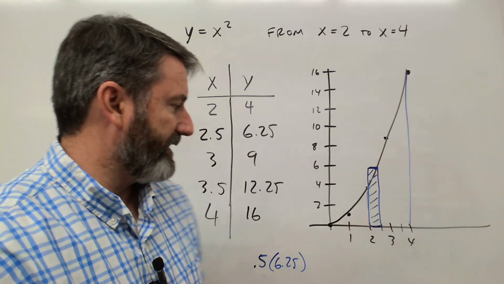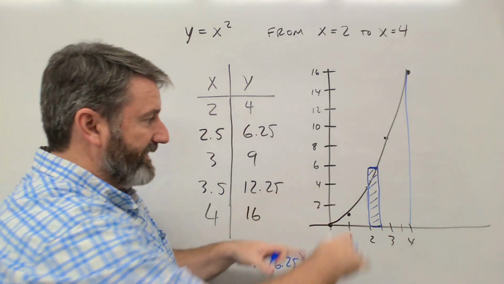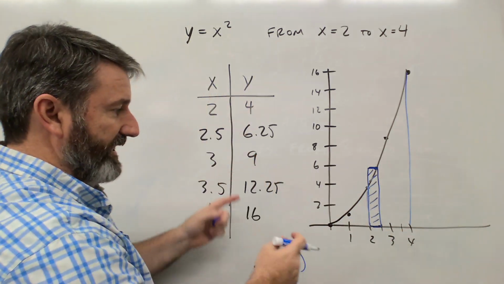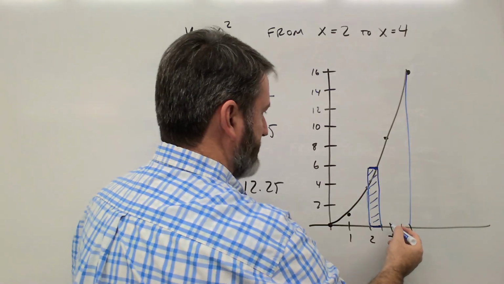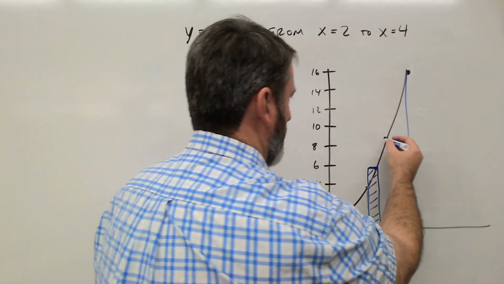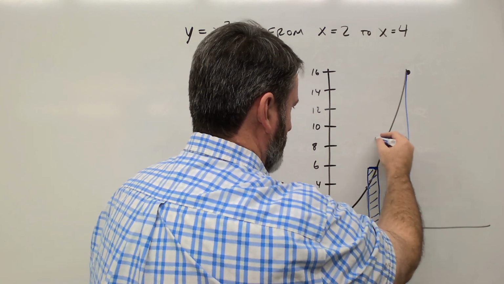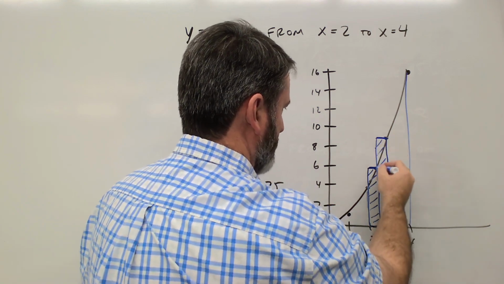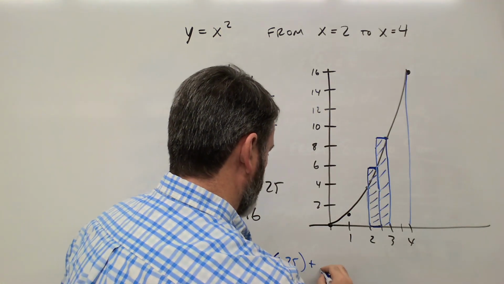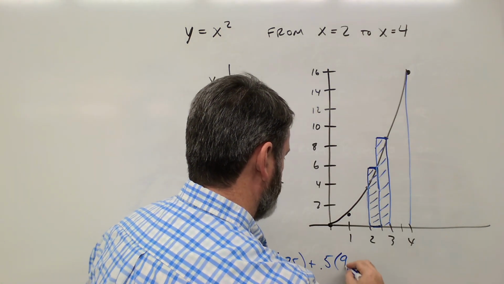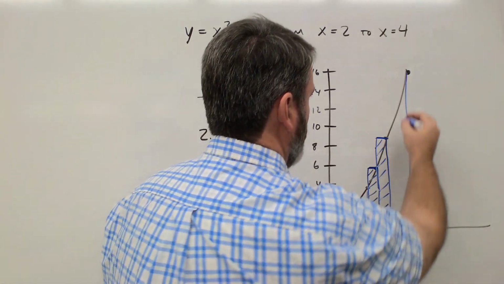And then the next rectangle is going to, again, be 1/2 a unit across, and for its height, we're going to use 3, since that's the right side of this rectangle. When x is 3, y is 9. So up here at 9, we're going to get a rectangle that looks like that. And the area of that rectangle is going to be 0.5 times 9. And then we keep doing that at 3.5.